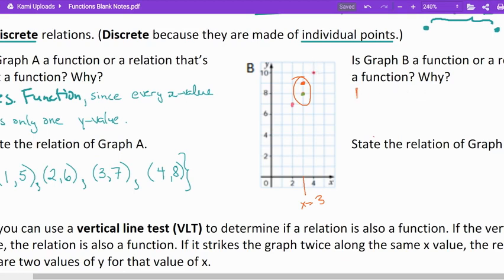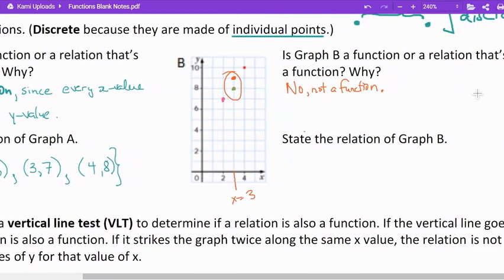As such, no, this is not a function. And when we're asked to state a reason, we could say at x equals 3, there are 2 y values.